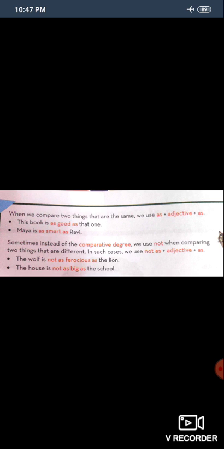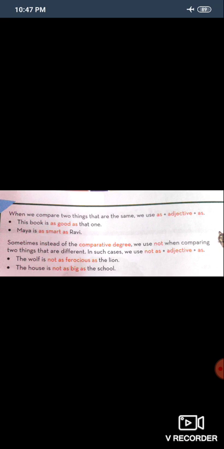The next topic is that sometimes, instead of the comparative degree, we use not when comparing two things that are different. If the things are the same, we only use as plus adjective plus as. But if the things are different, we use not as plus adjective plus as. For example: The wolf is not as ferocious as the lion. The house is not as big as the school.